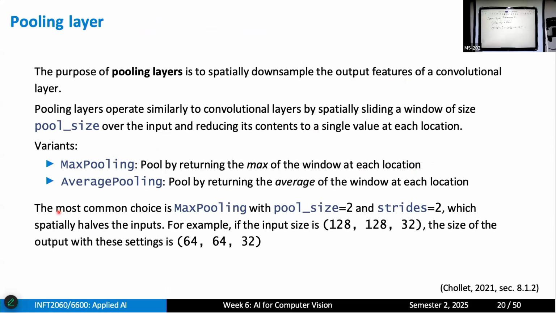The most common choice is max pooling with pool size 2 and stride 2, which spatially halves the inputs. For example, the input size is 128, 128, 32, and the size will be 64, 64, 32 after max pooling with this parameter setting, okay?